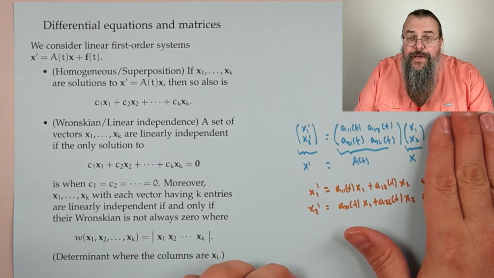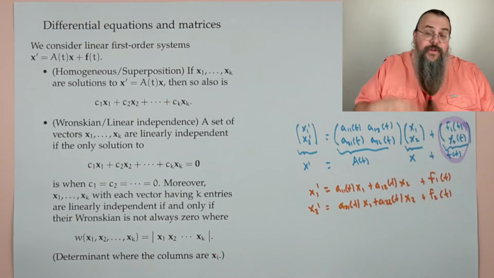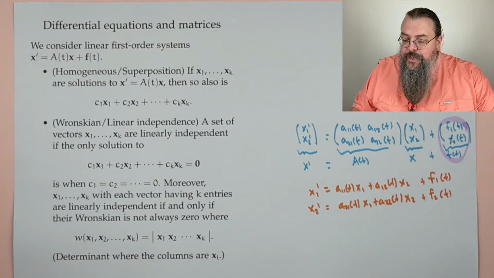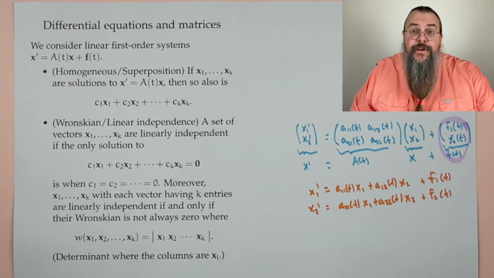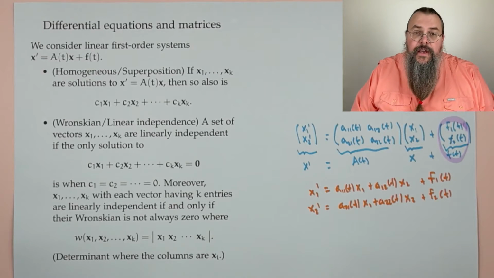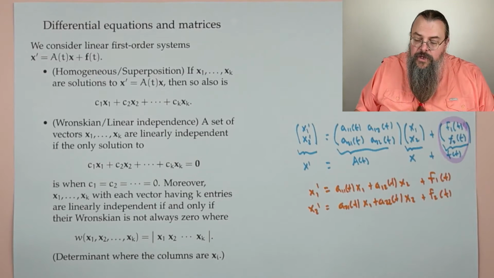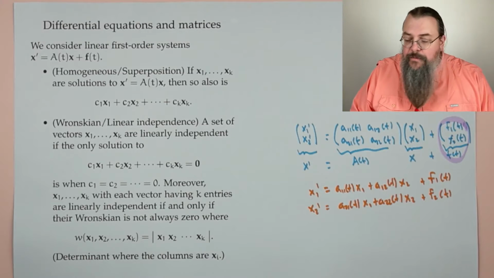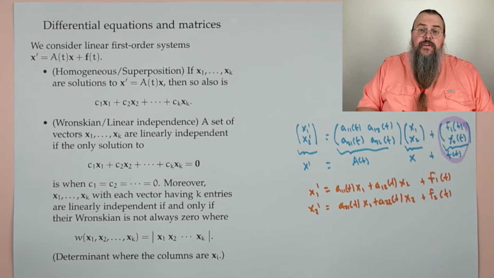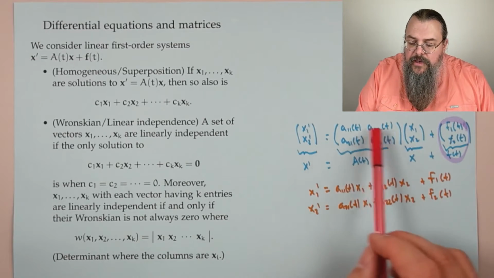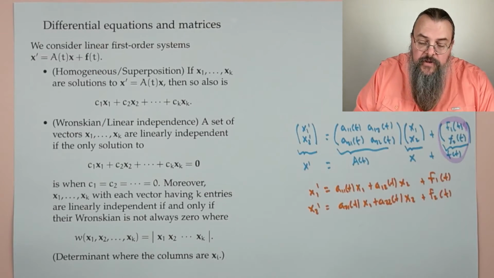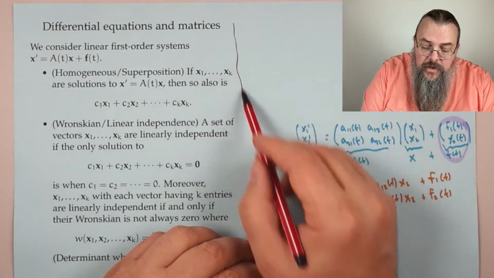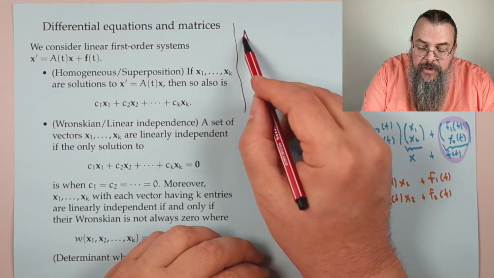So why do we like homogeneous? Well, for the same reasons that we liked homogeneous before. In other words, they're well behaved. And how so? It comes down to a nice fact about matrices. When we have a matrix times a vector, it turns out that there's this beautiful property.